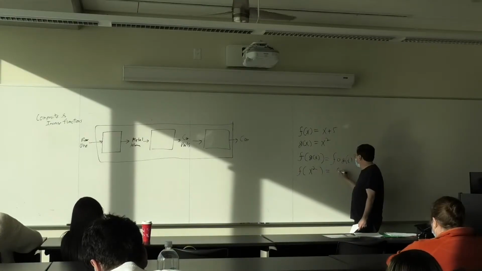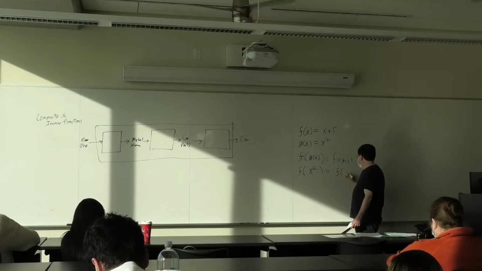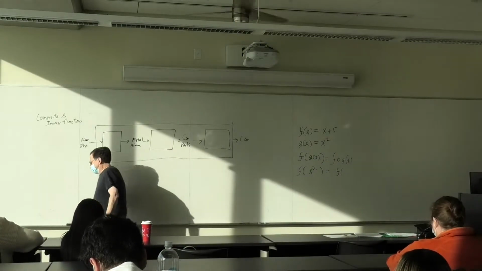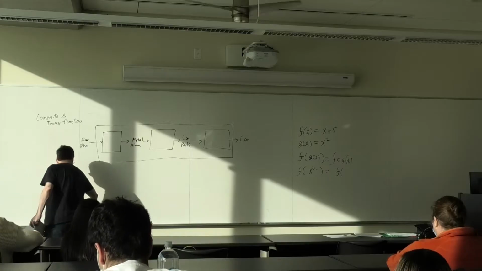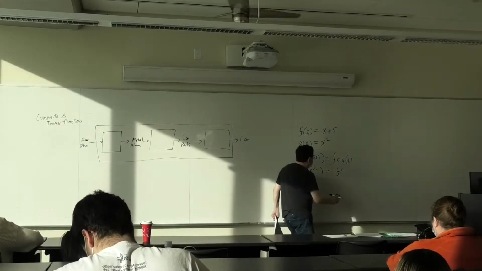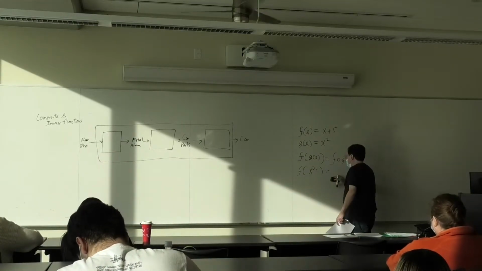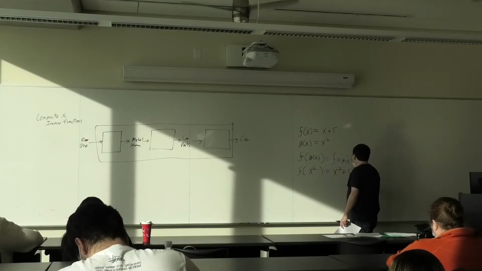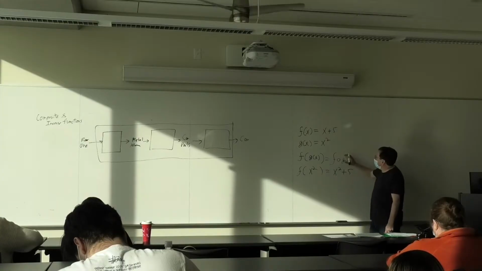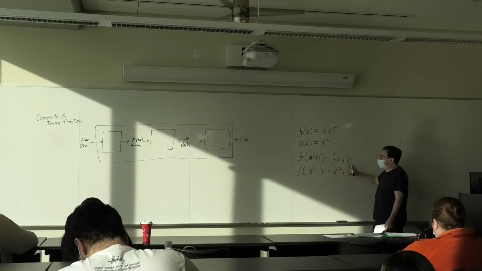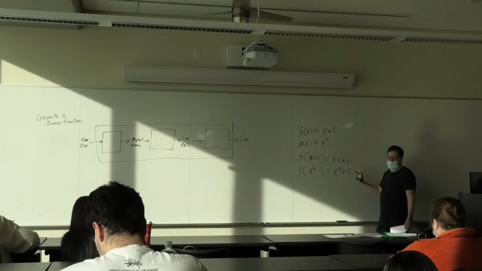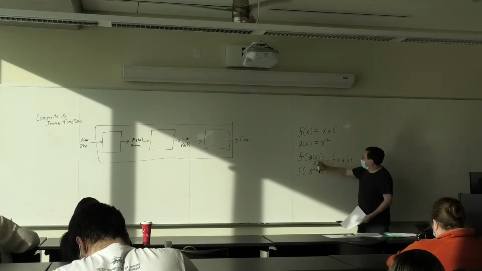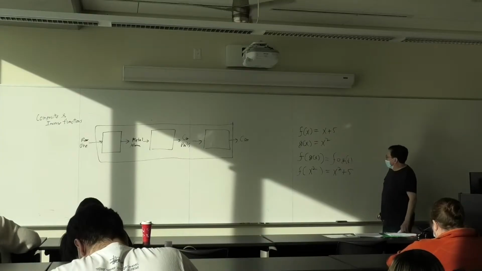So f of x squared becomes x squared plus 5. Takes what I gave it and adds 5. So this is how you compose functions. It's a composition of f and g.